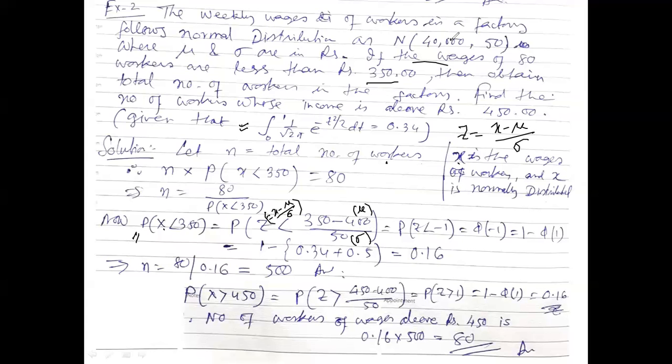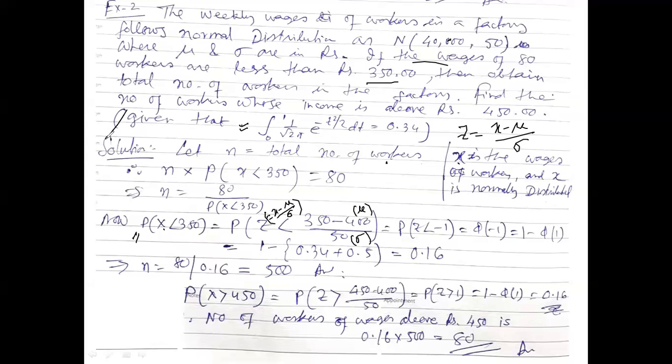Mu means 400 and sigma means 50. So 350 minus 400 is minus 50, divided by 50 is equal to minus 1, so we need phi of minus 1. So z is less than or equal to minus 1.